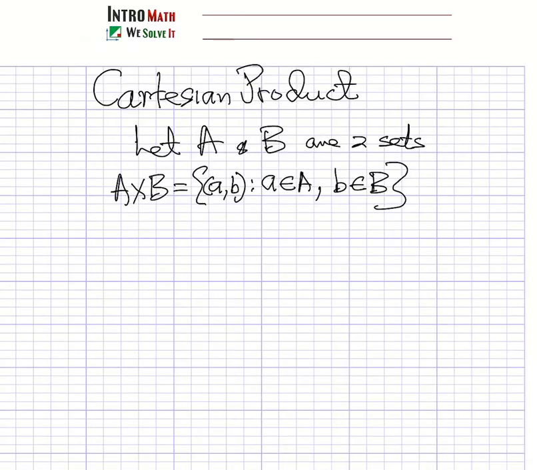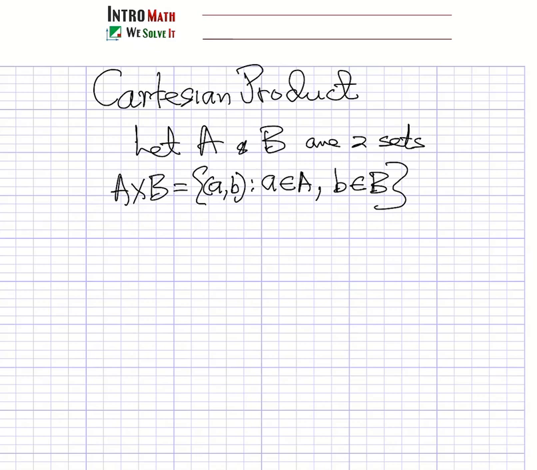All right. Recall that we talked about the Cartesian product of two sets, right? If you have two sets, A and B, then the cross product of those two sets consists of ordered pairs, right?